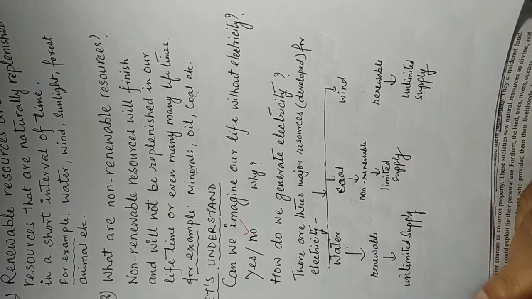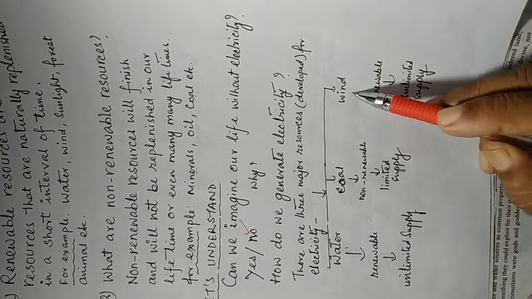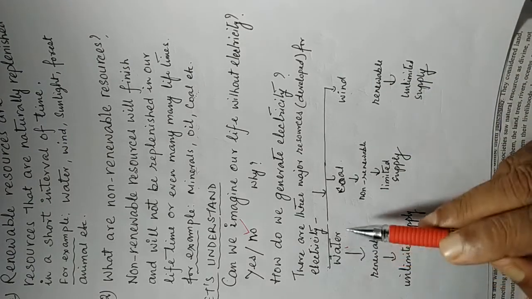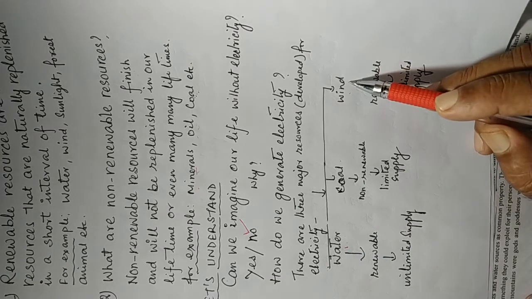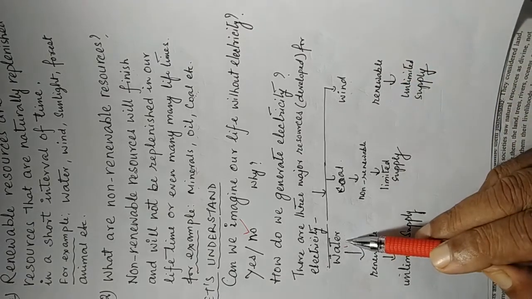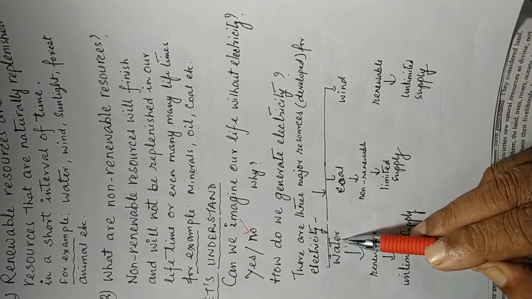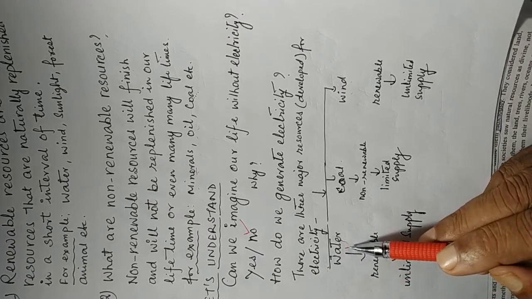There is an unlimited supply of water and wind on our earth. Water is replenished or renewed naturally because of the water cycle. It does not get exhausted.